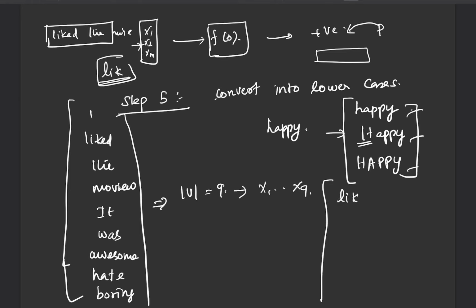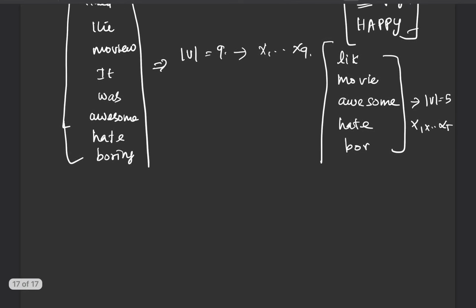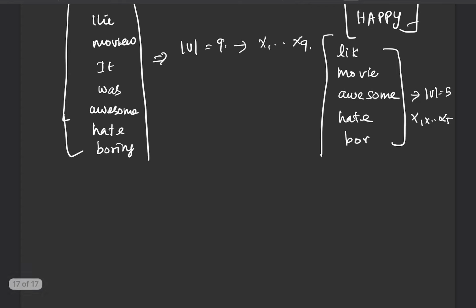One is like, movie, awesome, hate, bore. So now the size of my vocabulary is only 5, x1 to x5. So after I convert this into the 5 dimension, my representation of the input vector or feature vector would look like this.